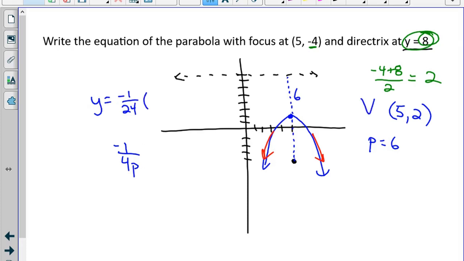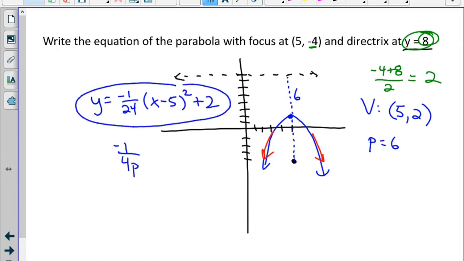Since my vertex is at (5, 2), that means I have (x minus 5) squared plus 2. So that's something that I learned way back in a previous chapter.